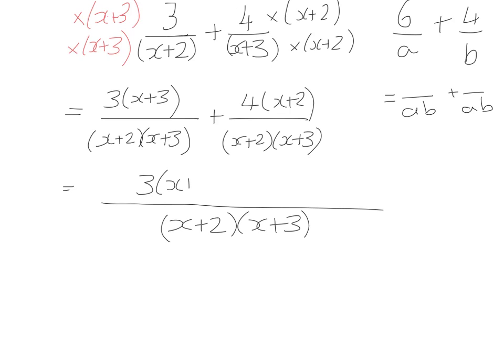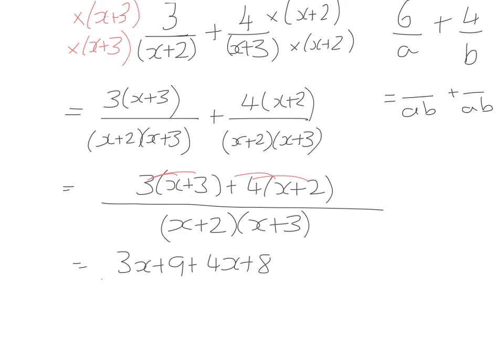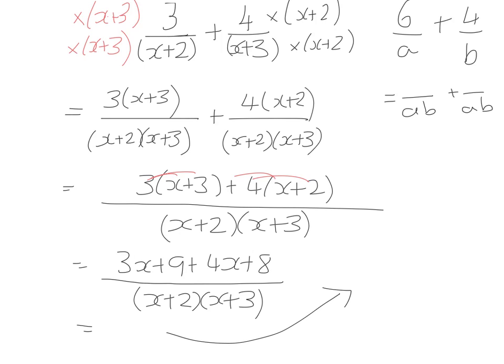And then I can write what I've got. I've got 3 bracket x plus 3 plus 4 bracket x plus 2. I can then multiply out my brackets. So I'm going to have 3x plus 9 plus 4x plus 8 all over x plus 2 bracket x plus 3, and you should work underneath, but I don't have space, so I am going to do it up here.